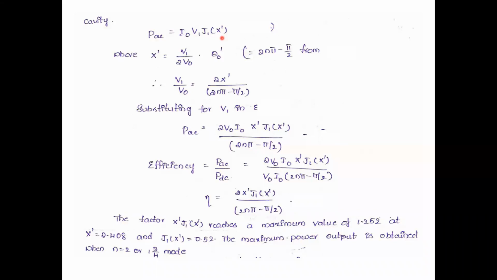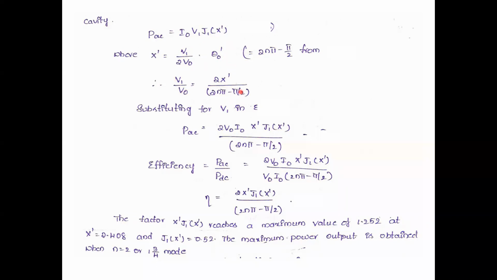From our previous discussion, we know that x dash equals v1 by 2 v naught theta naught. From this, v1 by v naught equals 2x dash divided by theta naught, and theta naught is the transit angle 2n pi minus pi by 2.